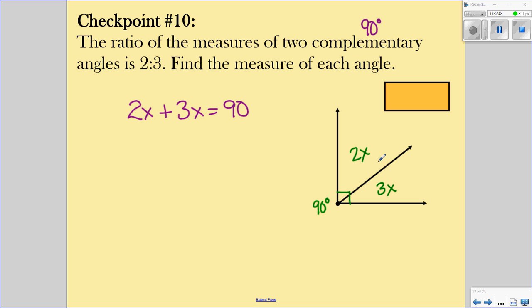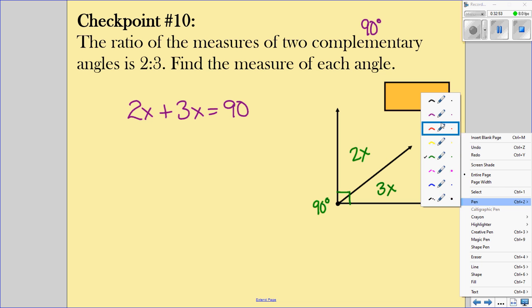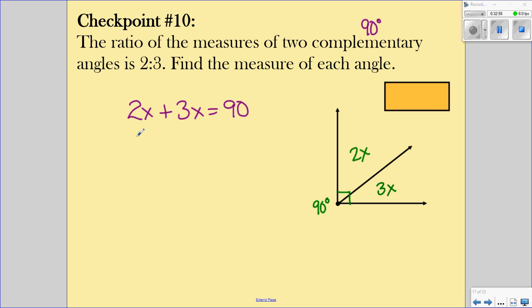You need to find the numbers that add up to give you the 90, and it has to be in ratio 2 to 3. So this would be 5x equals 90. You divide by 5 on both sides, and then you get 18.